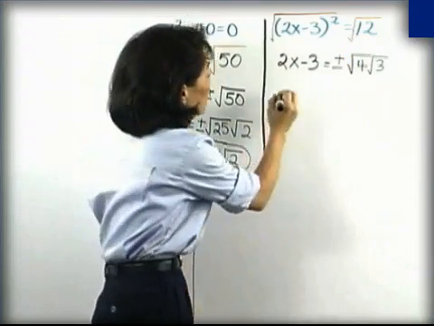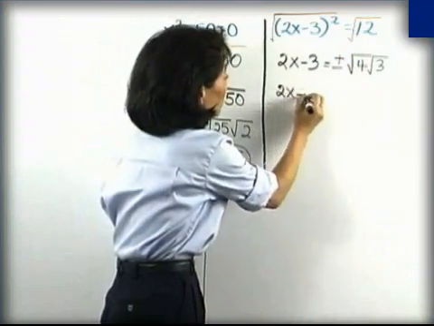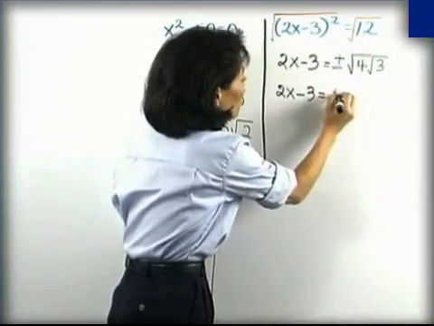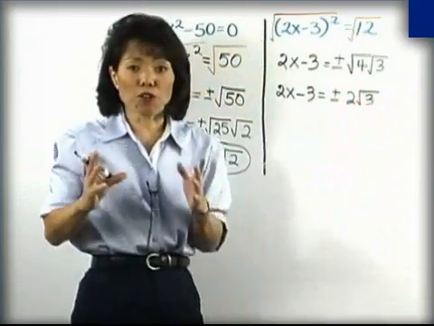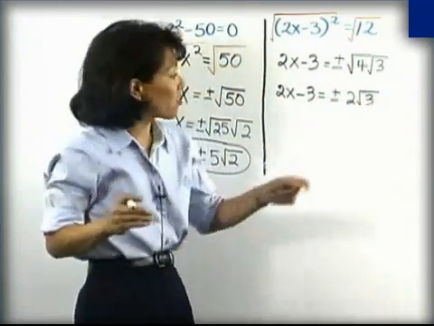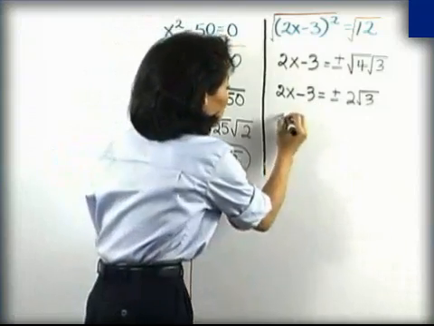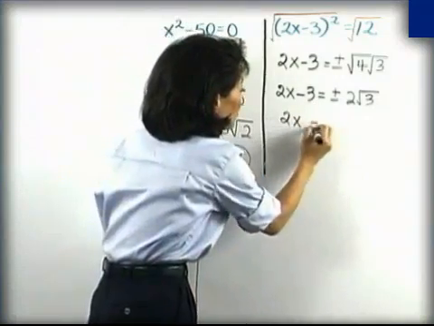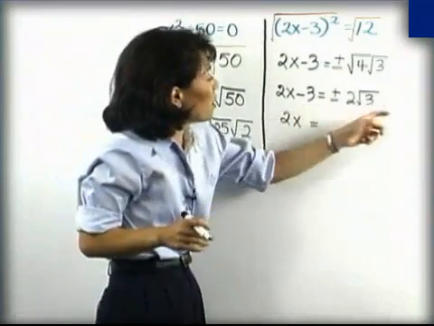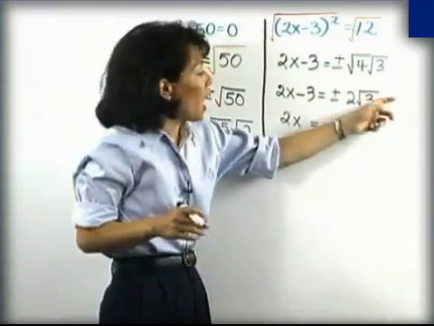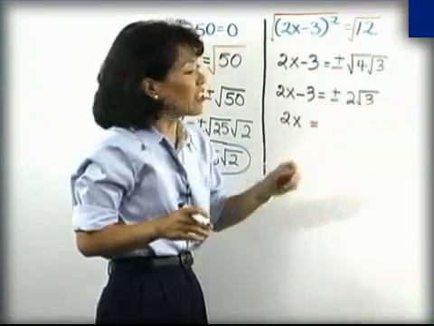Now let's continue. We have 2x minus 3 is equal to plus or minus 2 root 3. Again, remember our goal is to solve for x. So I'm going to add 3 to both sides. Now, just to make it look a little nicer, instead of writing the plus 3 over here, I'm going to write the 3 right in front of my term.